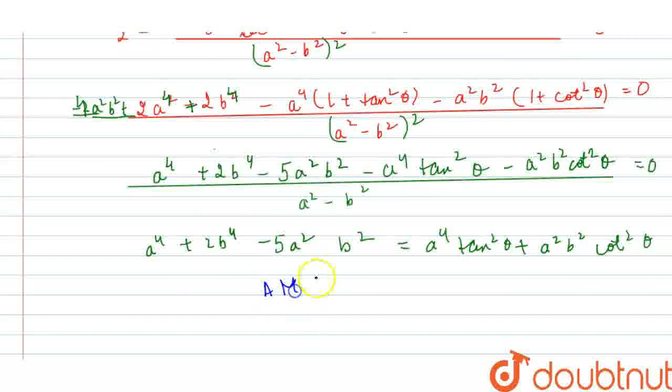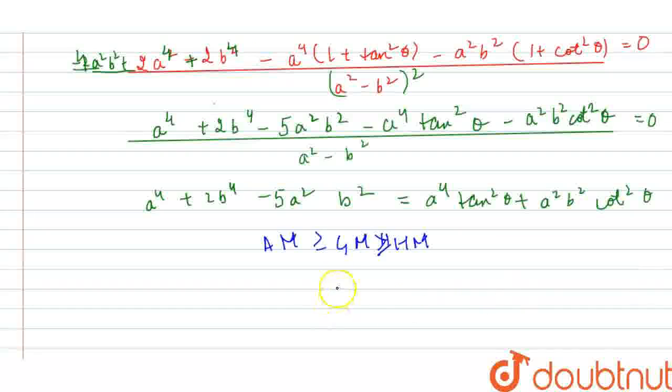Now we know that arithmetic mean is greater than equal to geometric mean is greater than equal to harmonic mean. So I'll be applying here AM is greater than equal to harmonic mean. So after solving this, what is AM? I'm applying it on these three numbers, 1, 2, 3.